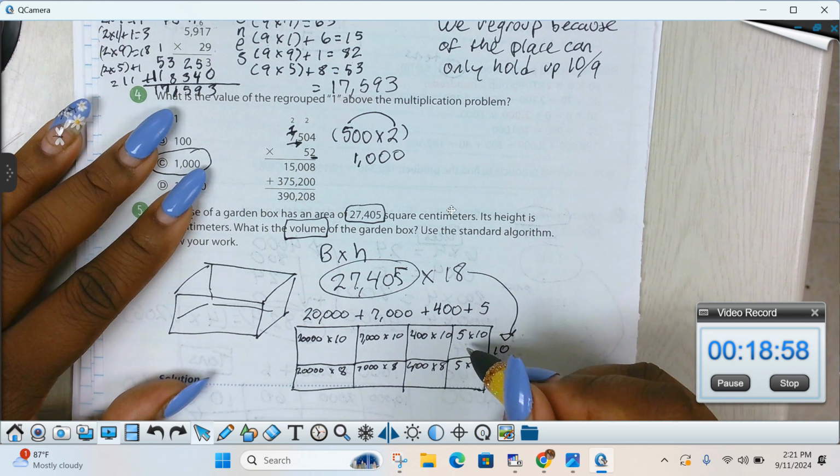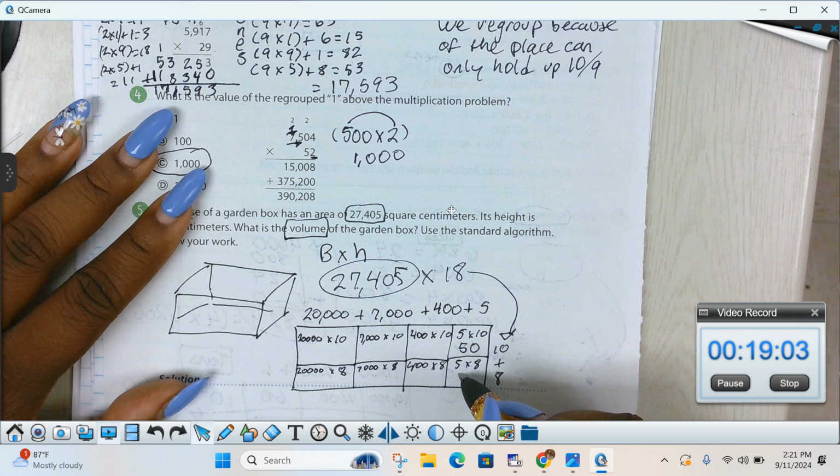Let's start with our easy numbers. 5 times 10, 50. 5 times 8, 40.